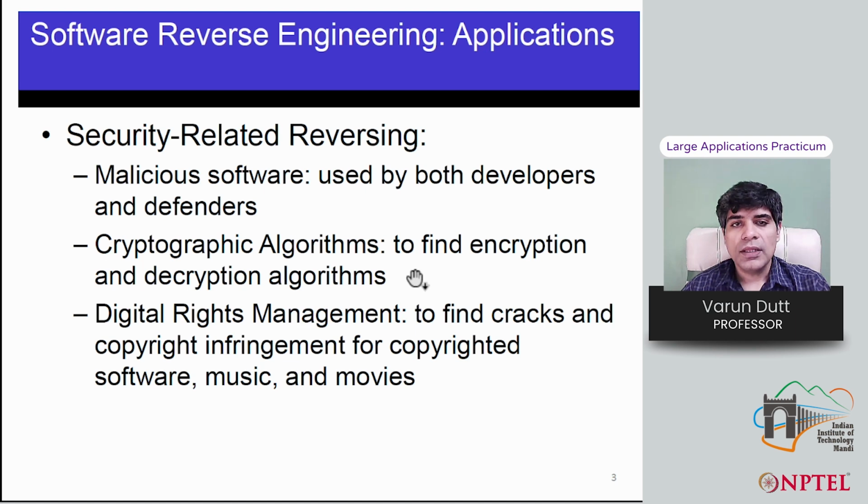It can also be used to find cracks and copyright infringements for copyrighted software, music and movies. If software can be reverse engineered, we need to be wary that people may use these loopholes for copyright infringement. We can catch this using software reverse engineering.